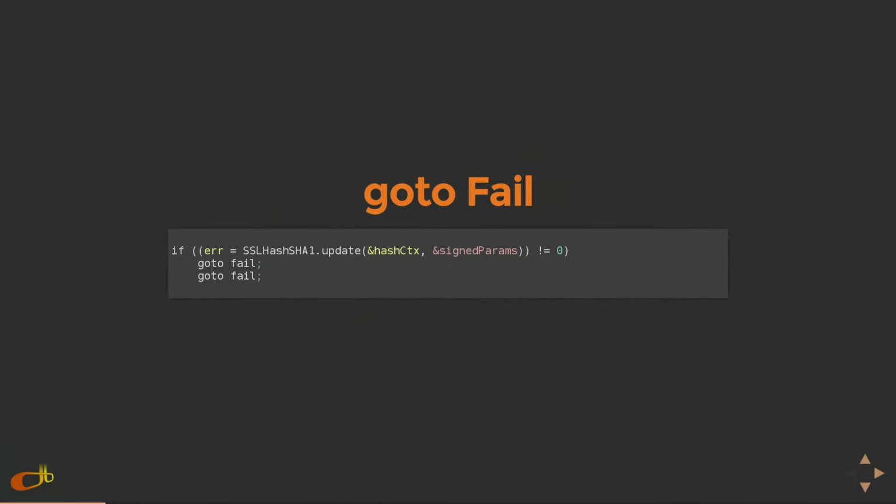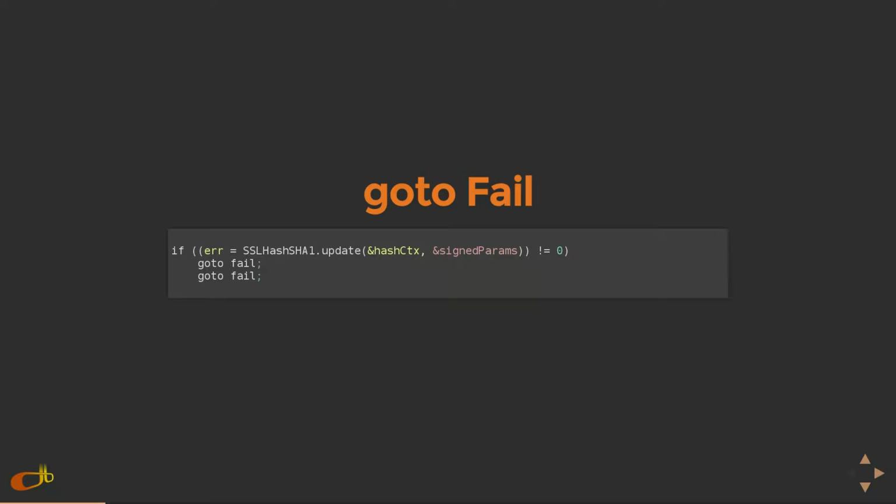Let's look at another example. This is as recent as 2012. This bit of code here, you don't even need to know programming, and you could ask the question, why is goto fail here twice? That seems odd, right?